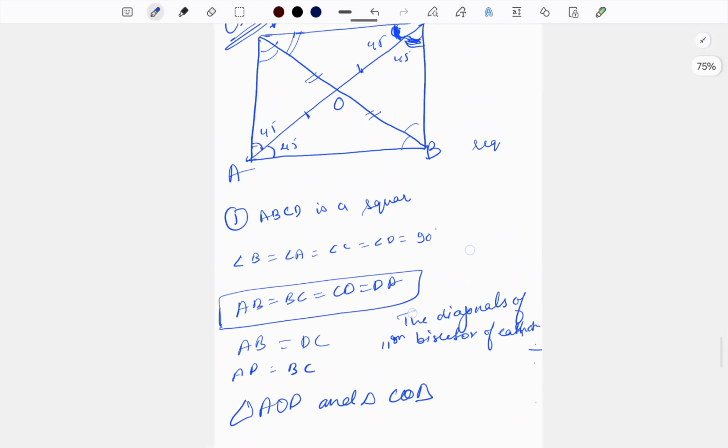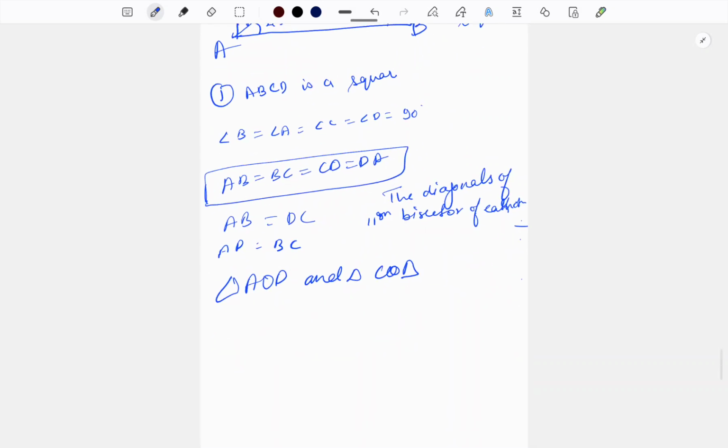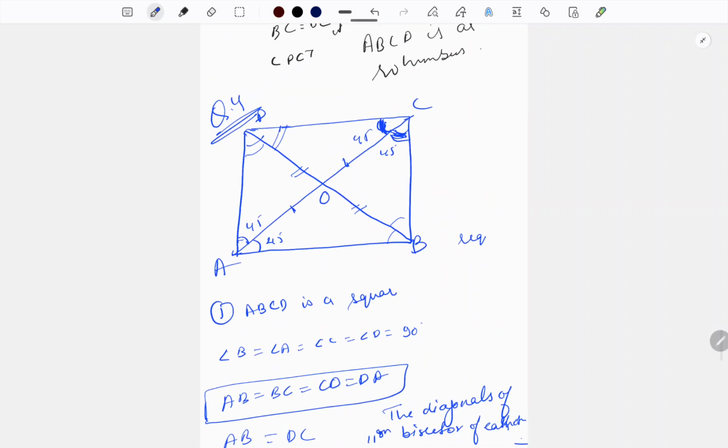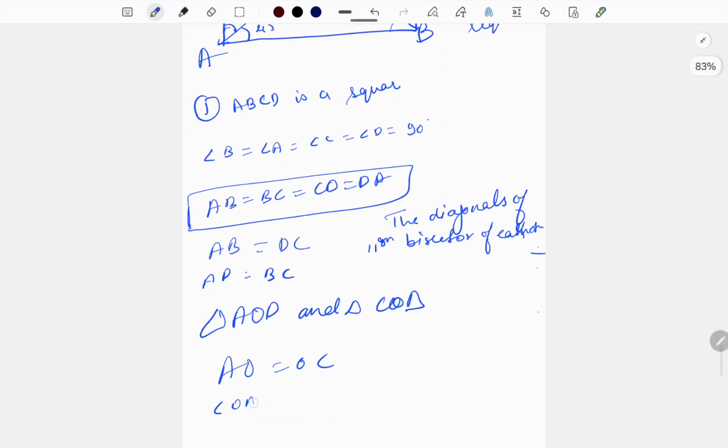So in these two triangles already AO is equal to OC. One side we have found, and angle OAD is equal to angle OCD.